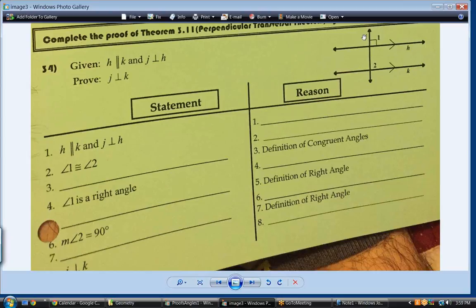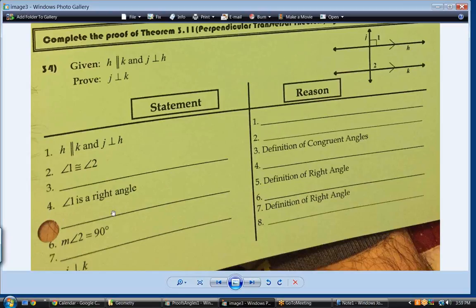So, yeah, there's a theorem that says that when two lines intersect perpendicularly, all four angles are exactly 90 degrees. Exactly. If that's perpendicular, then it creates four 90-degree angles. So that's why number 4 is a right angle, because of that theorem. Mm-hmm.